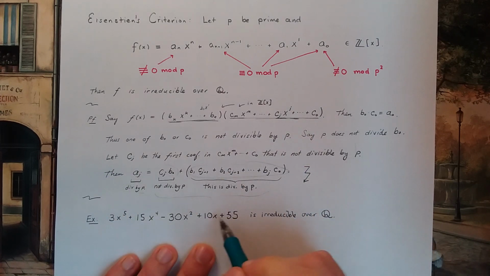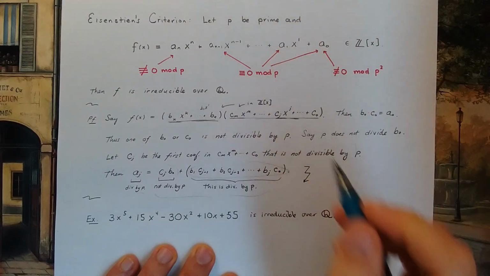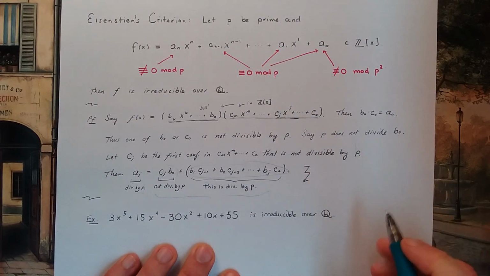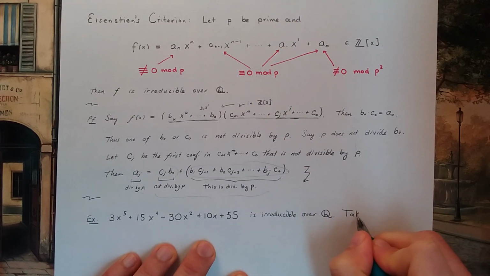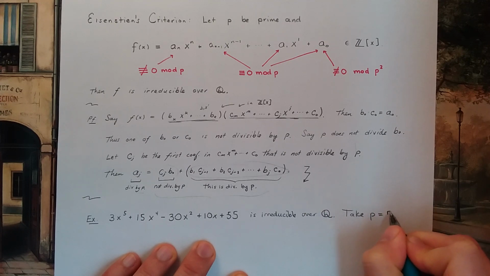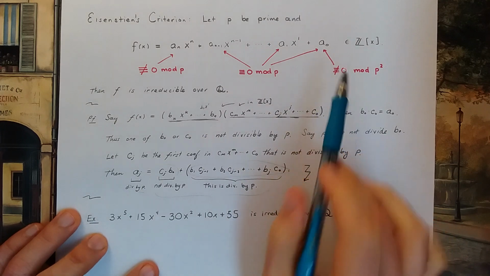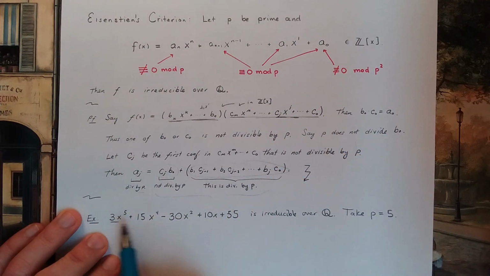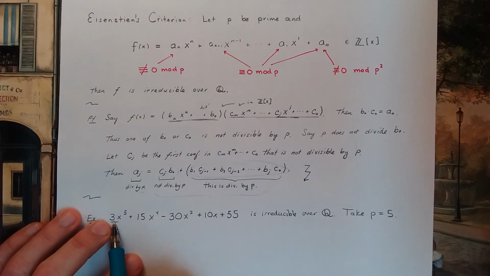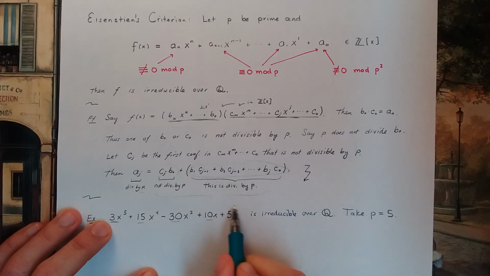Using Eisenstein's criterion, I could pick my prime p to be whatever I'd like. So I'm going to take p equals 5. Then this polynomial satisfies the desired property. The leading coefficient is not divisible by 5, but all the other coefficients are divisible by 5. And furthermore, this final coefficient is not divisible by 25.